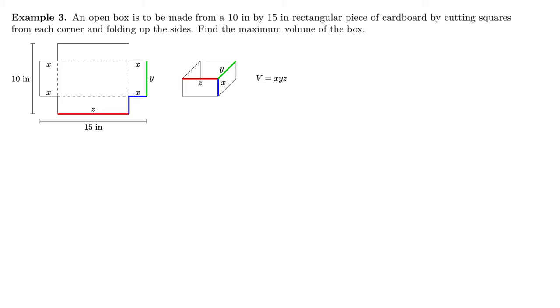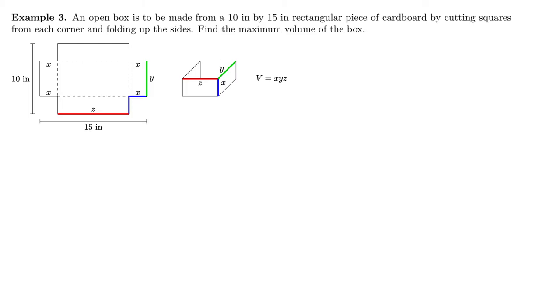Okay, so another really cool optimization problem, really classic, but it's a little tricky. But first of all, I'm going to let you have just a second to read it. So I think the hardest part of this problem is actually visualizing it.